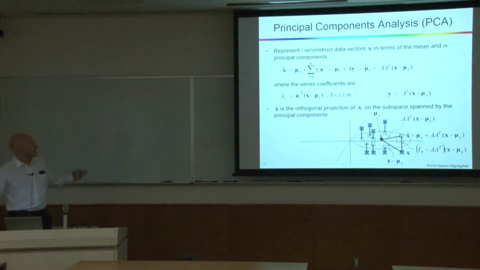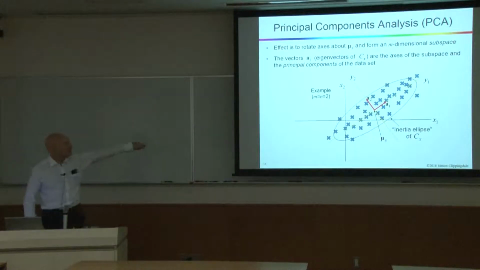Okay. Another way of looking at this is that you can approximate your input vector as the mean plus some kind of weighted sum of these eigenvector components. So in the case of the previous slide, we can approximate, let's say, this data vector here as the mean plus a certain amount of A1 plus a certain amount of A2.